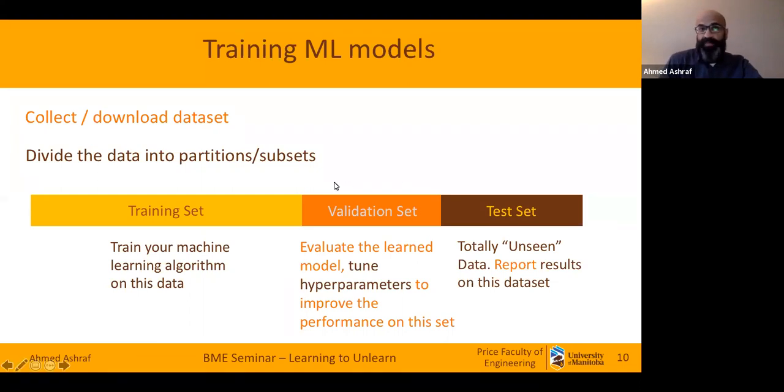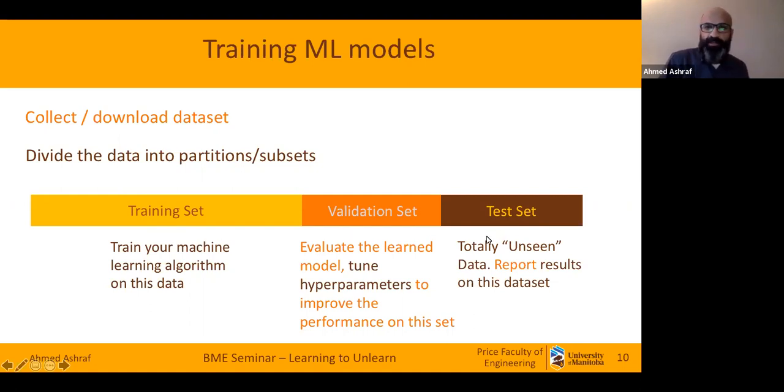Then we have got a validation set, and you train the model on this training set. And then if you want to tune certain parameters, fine tune your parameters, you can use this validation set to do a little bit of cheating and retune the setting of your model.